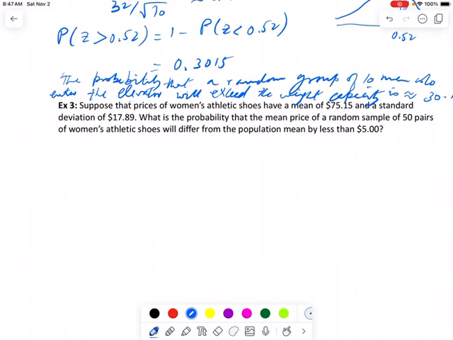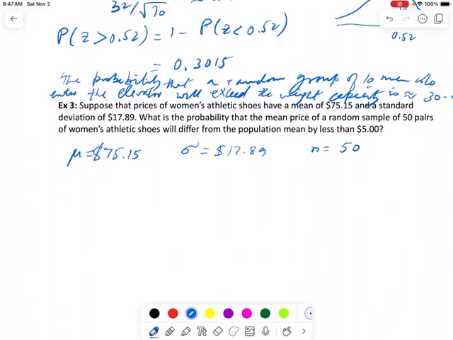So we have that mu is $75.15 and sigma is $17.89. N is 50. And what is this 5?